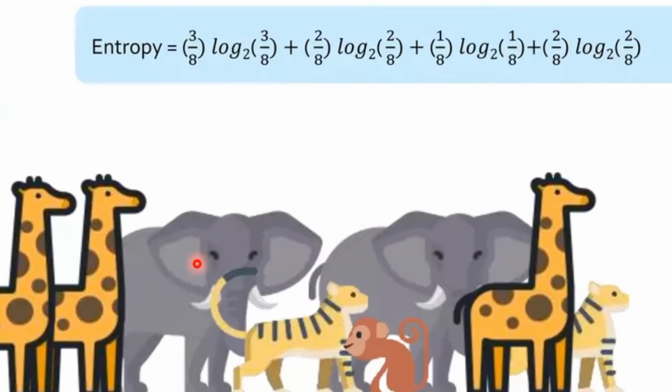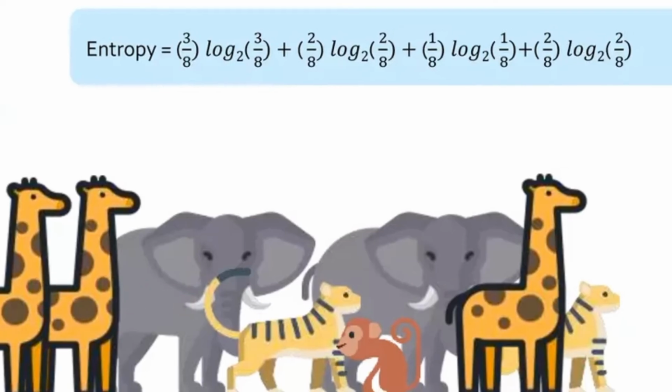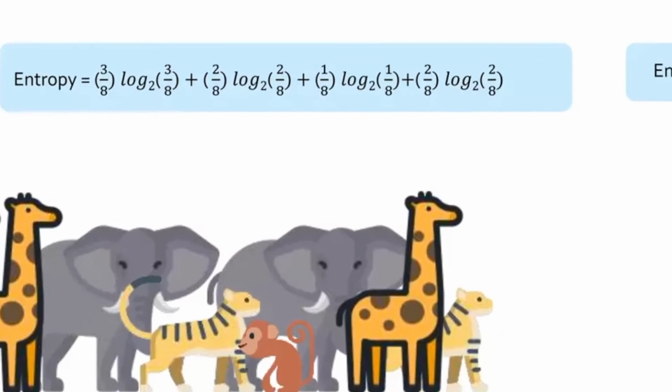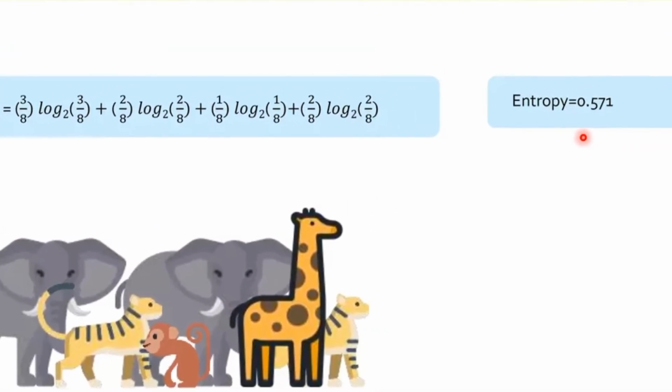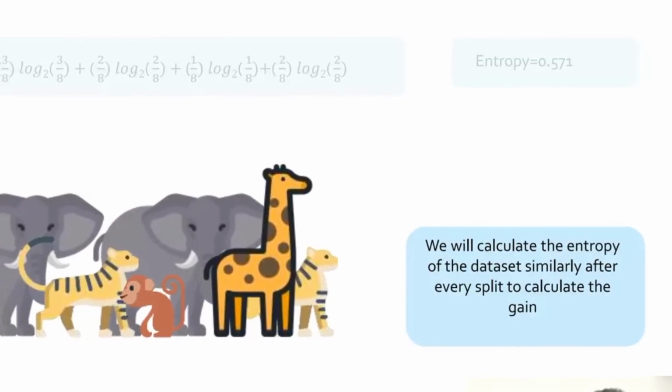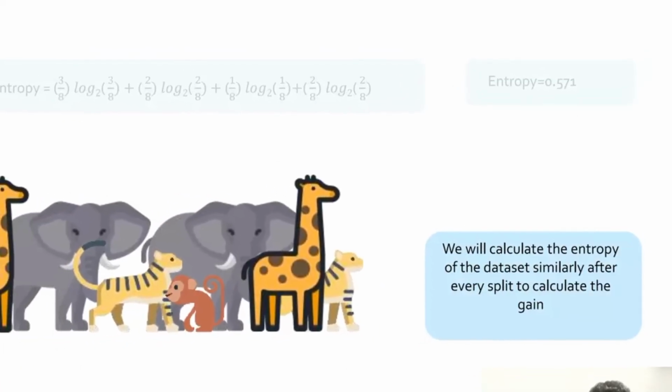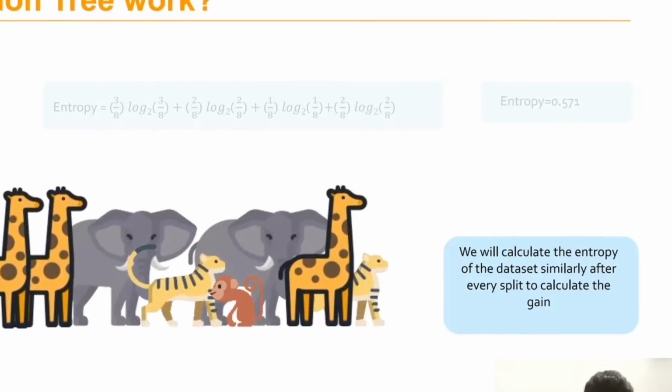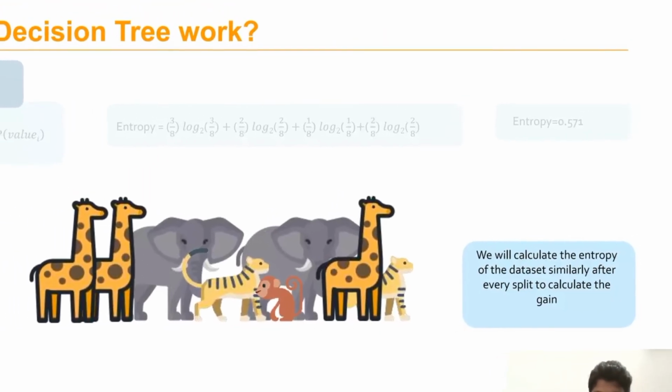That 8 comes from the total number of variables in the data set. So this is how the entropy is calculated. Here the entropy is obtained as 0.571. We calculate the entropy of the data set after every split to calculate the information gain.